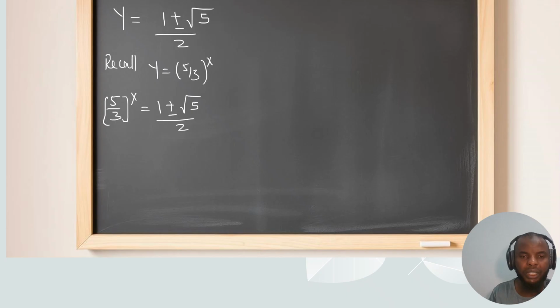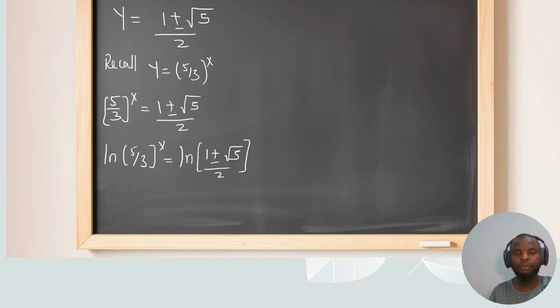So now, to get the value of x, we can apply natural log to both sides, which gives ln of 5 over 3 to the power of x equals ln of 1 plus or minus root 5 over 2. From the natural log, you can move the x to the front. So here I can have x ln 5 over 3 equals ln of 1 plus or minus the square root of 5 over 2.